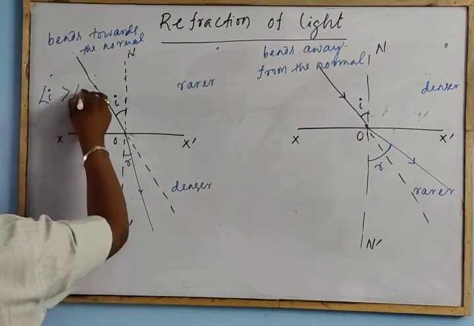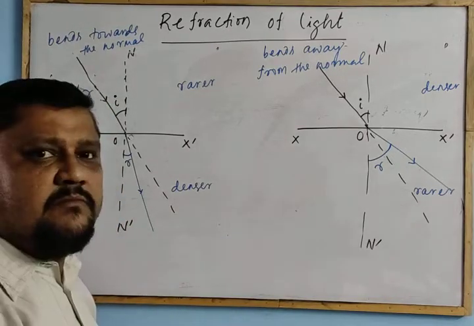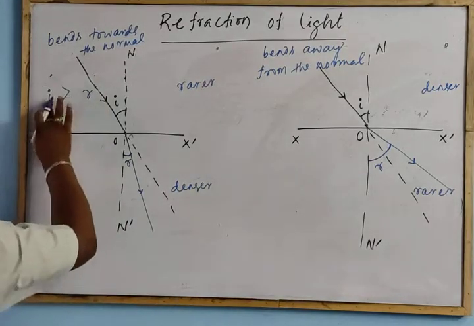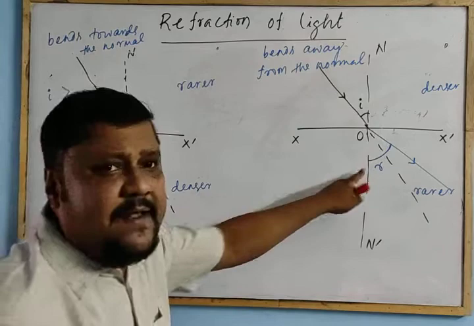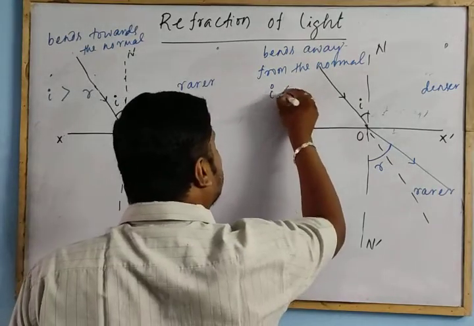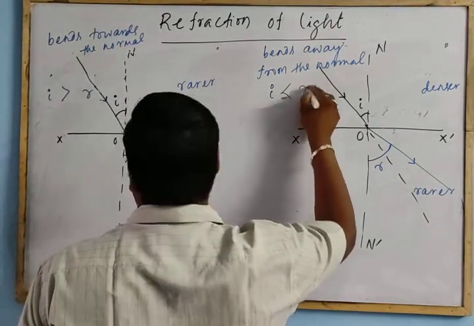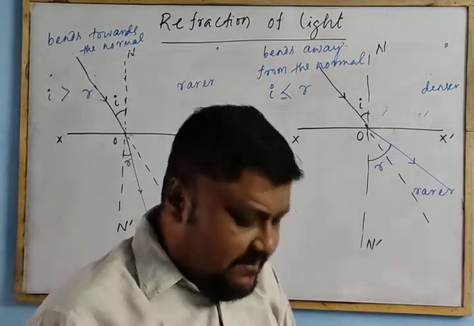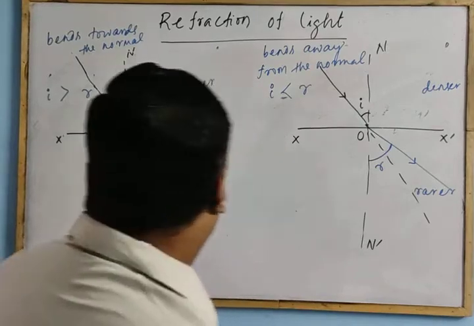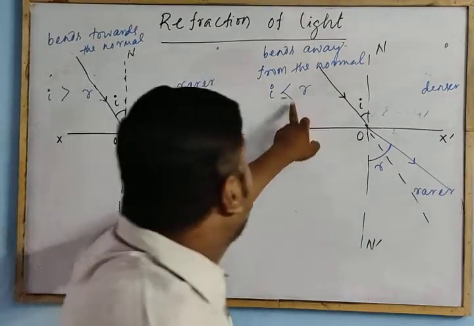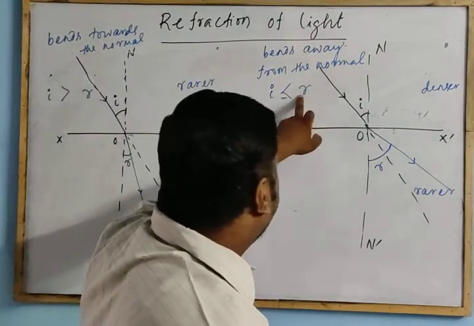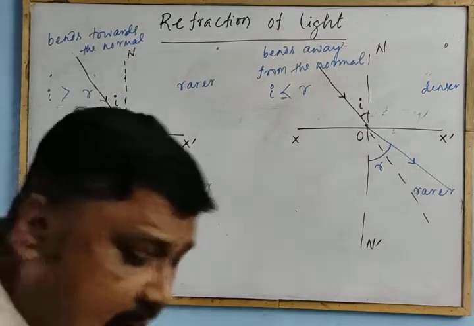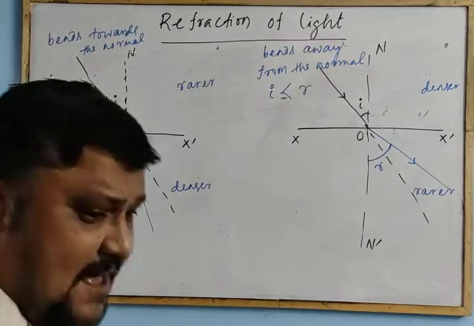I is greater than R. But here, the angle of incidence is less than R. Means when a ray is traveling from denser to rarer, the angle of refraction is greater than the angle of incidence. But in the other case, I is greater than R.